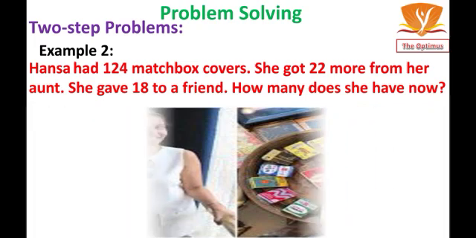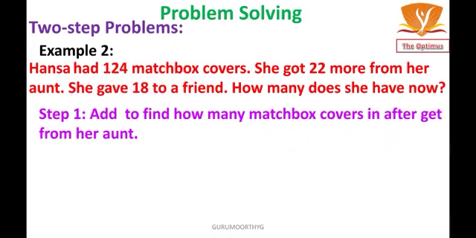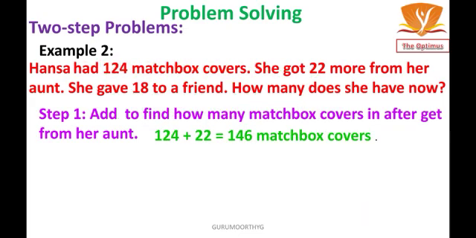Step 1: I have to find how many matchbox covers she has after she got some from her aunt. First she has 124 matchbox covers. She got 22 from her aunt. Therefore, 146 matchbox covers.